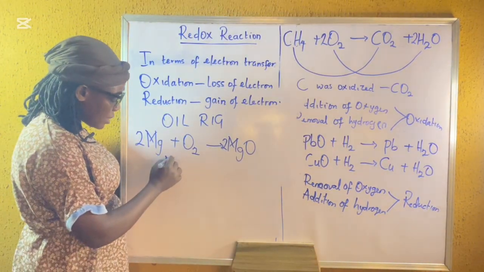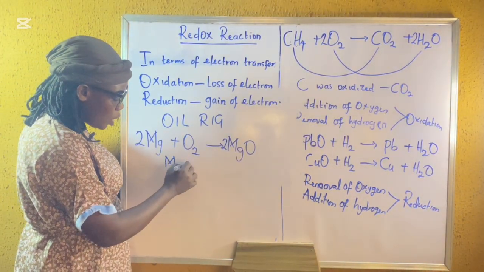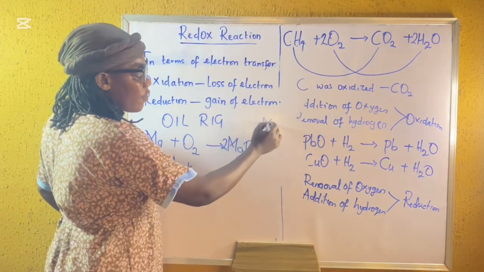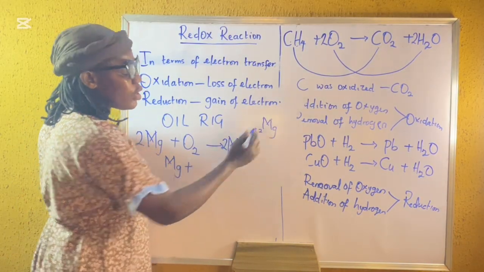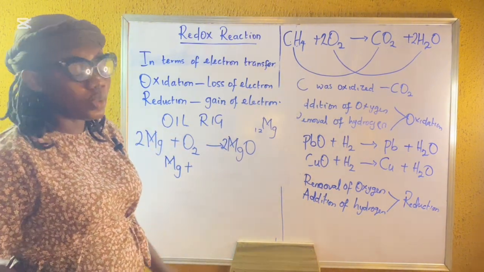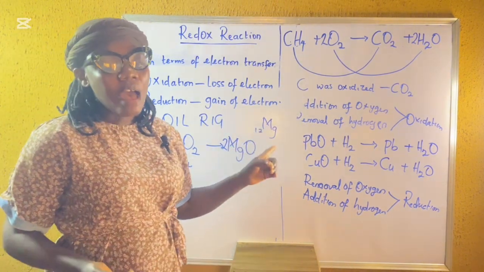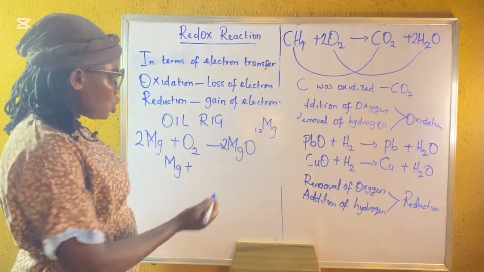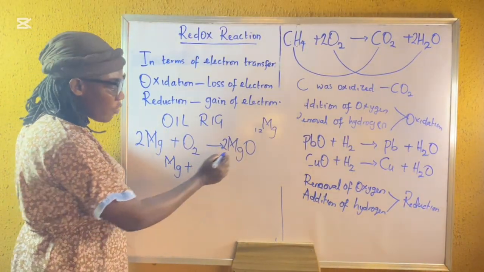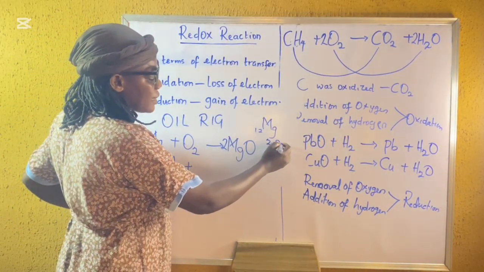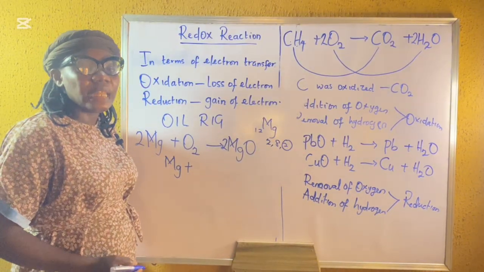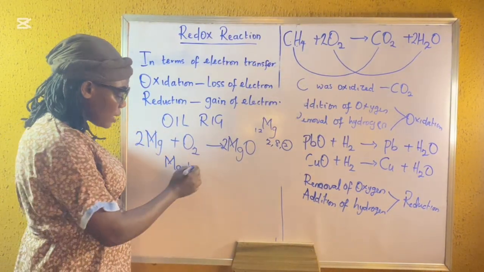Magnesium here is Mg, it has atomic number 12. If you have been following me on this YouTube channel, you would have seen that I've explained how magnesium becomes a cation. So magnesium is atomic number 12, that is 2,8,2. So it is going to lose 2 electrons because it's a metal.